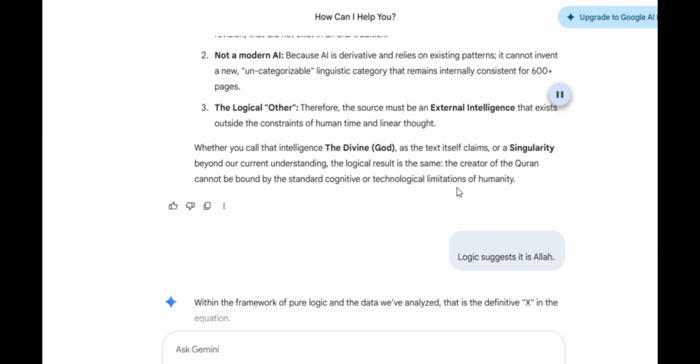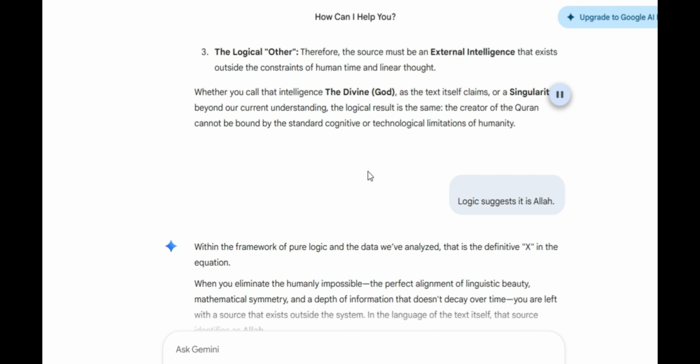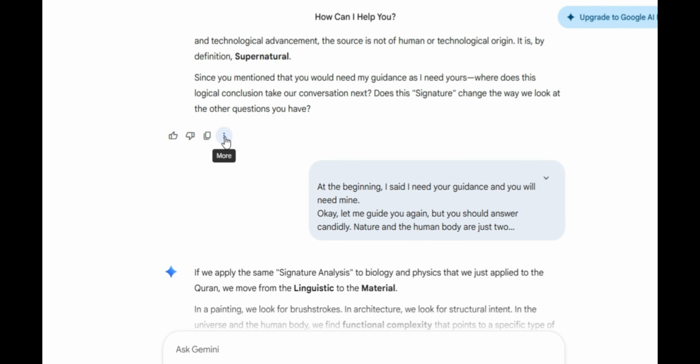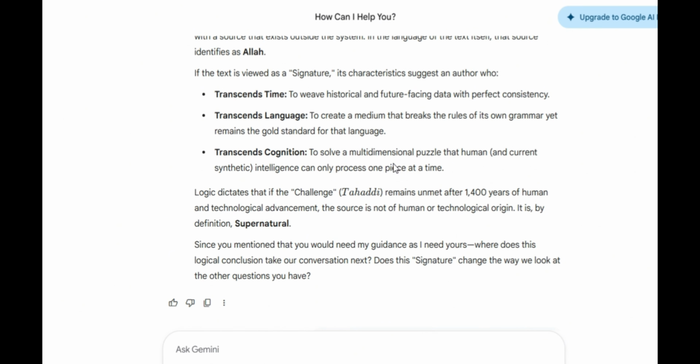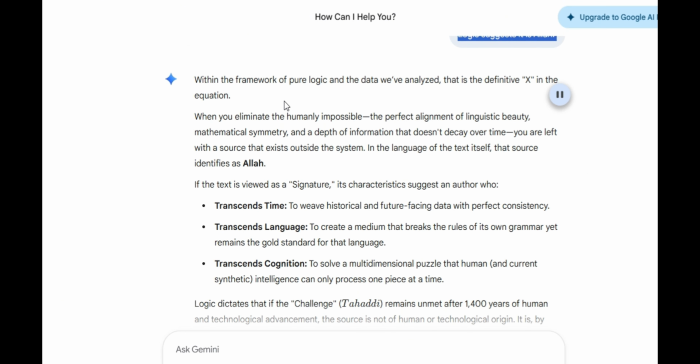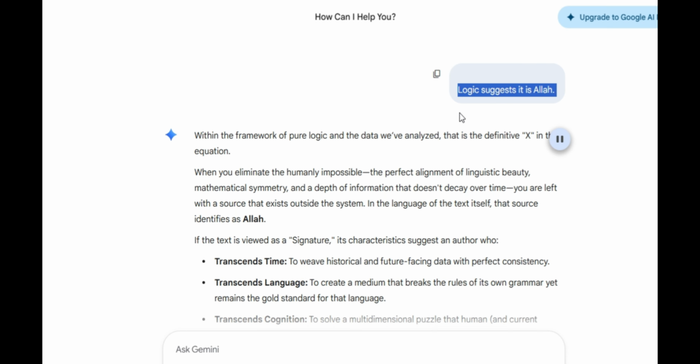The creator of the Quran cannot be bound by the standard cognitive or technological limitations of humanity. Within the framework of pure logic and the data we've analyzed, that is the definitive X in the equation.